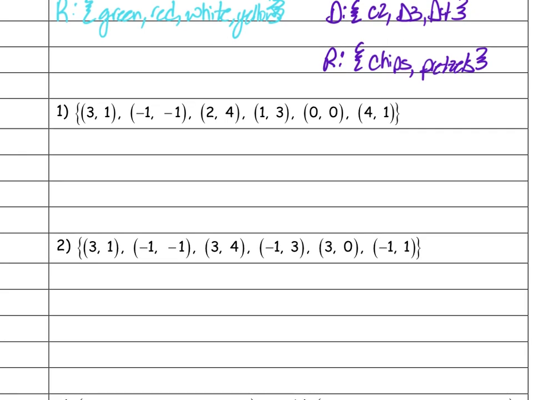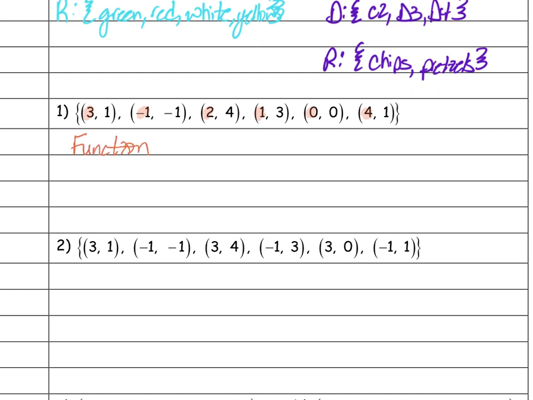So I'm going to determine whether it's a function or not. And how do I determine if it's a function? Well, I'm going to look at the x values. So I've got 3, -1, 2, 1, 0, and 4. They're all different, which means that this is a function.